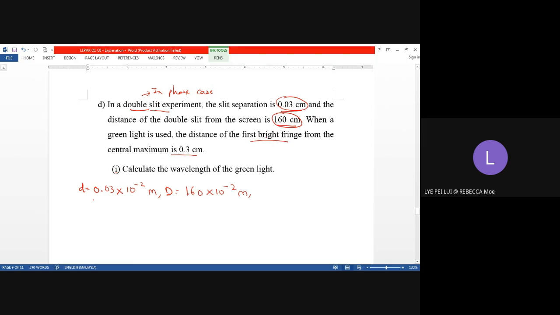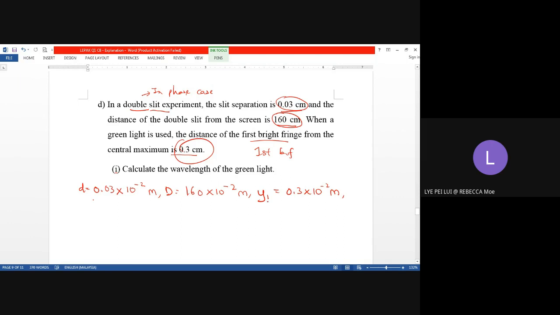Then the first bright fringe, this one is my first bright fringe, so y1 equals 0.3 × 10^-2 meter.